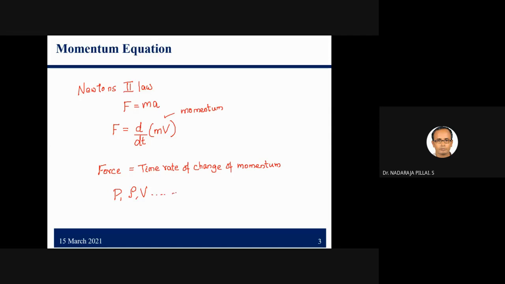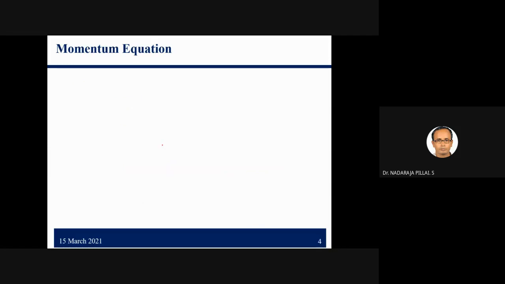Let us start. Two things we need to think about here: one is force and another is momentum. We will discuss them one by one. First we will take the left-hand side of the equation, which is force.